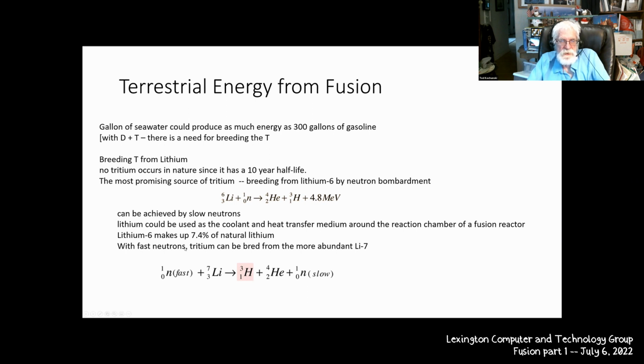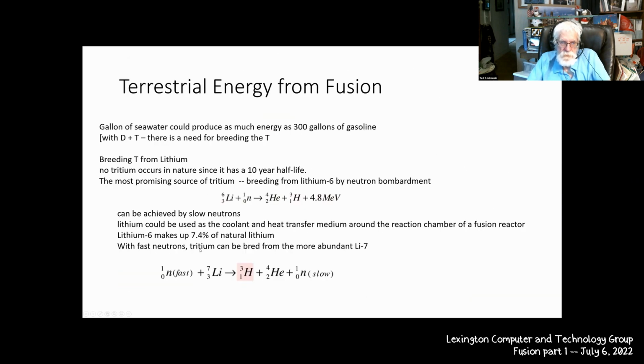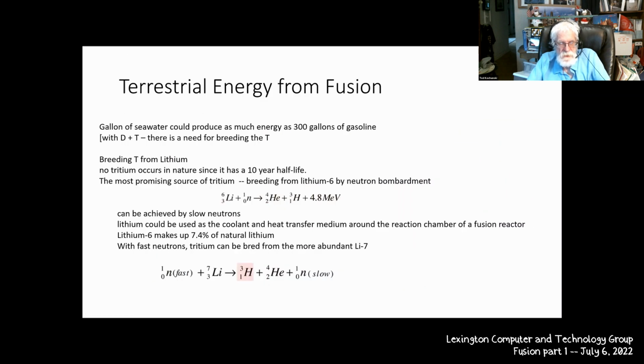With fast neutrons, you can breed tritium from this much more abundant lithium-7. The fast neutron is fast enough, but the question is, when it gets to the breeding point, is it still that energy neutron?